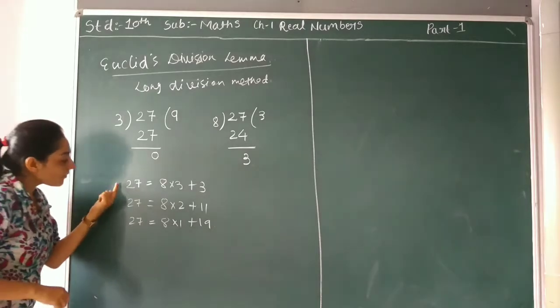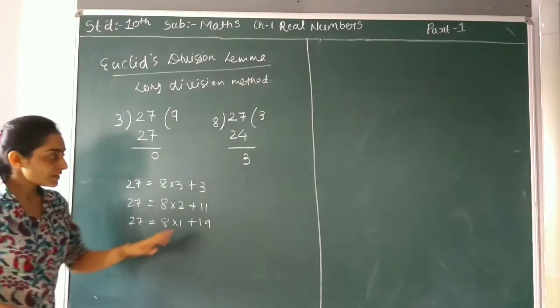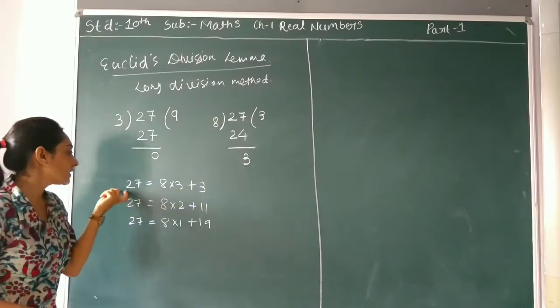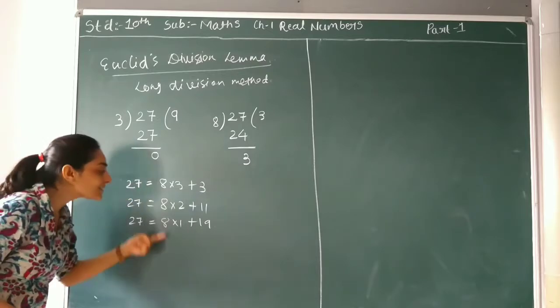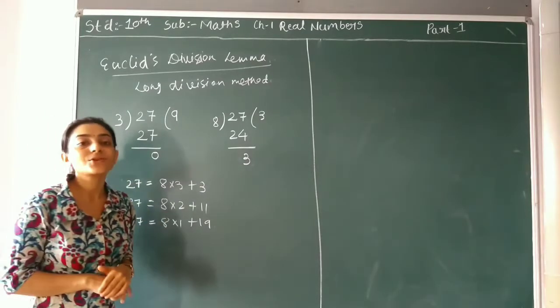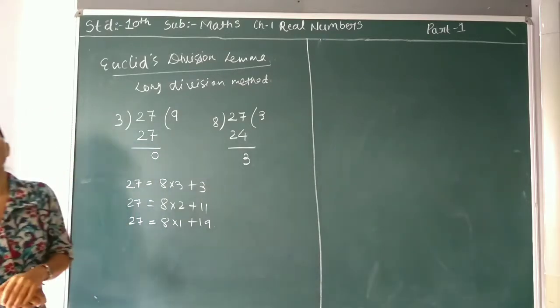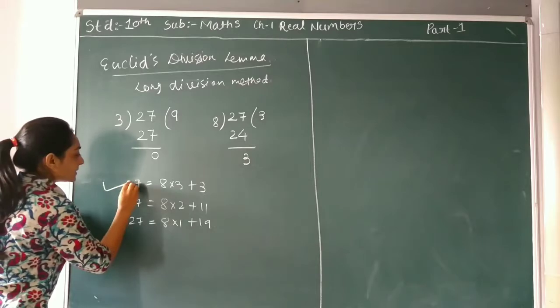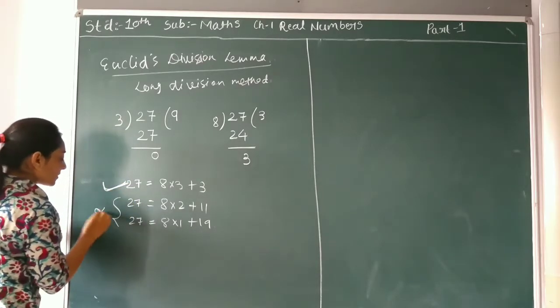Can you find which one is the correct one? First of all, when you simply multiply, you will get that all these 3 are correct. Yes, they are numerically correct, but only this first one is the correct one. The remaining are not correct.